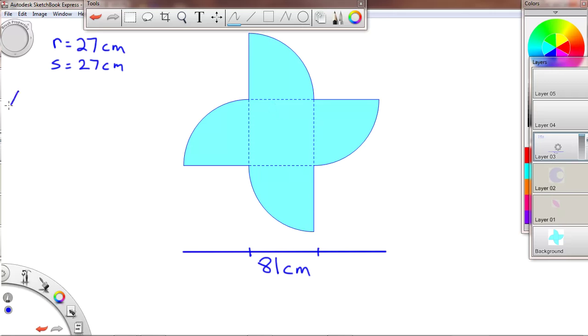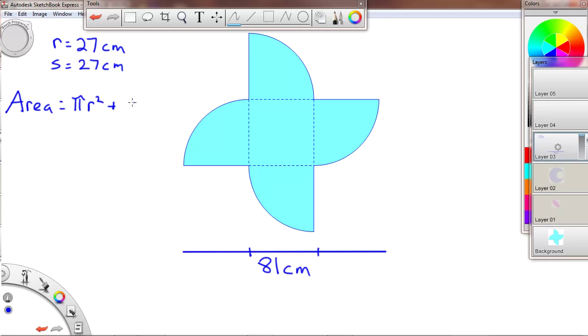So my area for this shape is going to be equal to the area of the circle, which is pi r squared, plus the area of the square here. Okay, so if I add these 4 pieces together, that gives me the full area of a circle, and that's why I don't have this divided by 4.